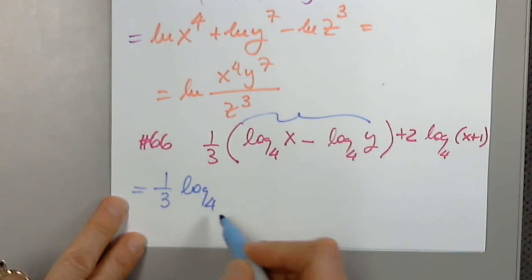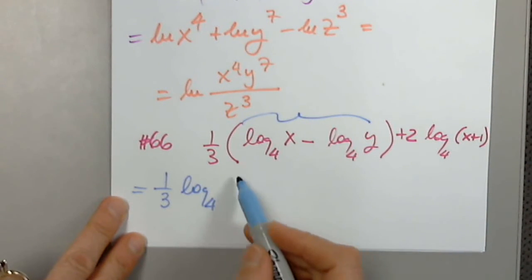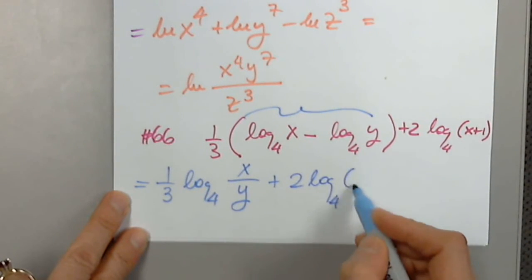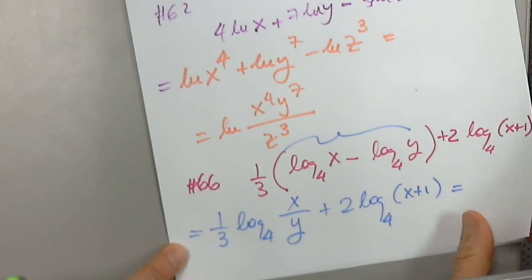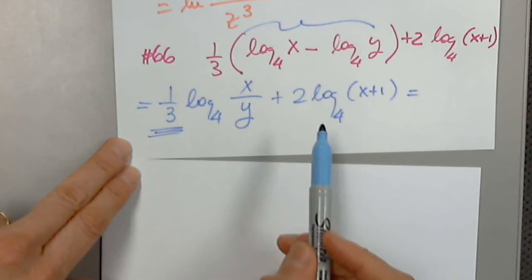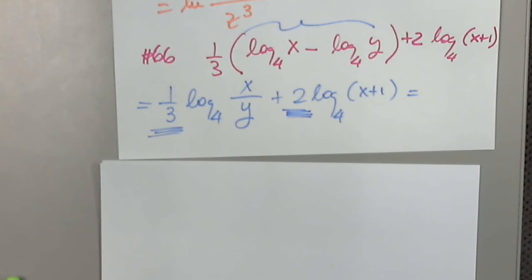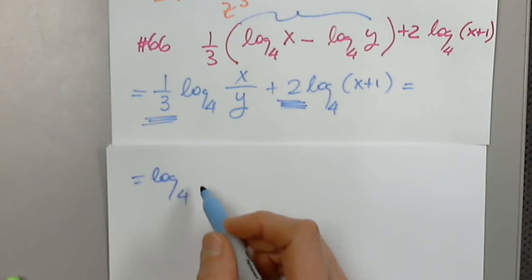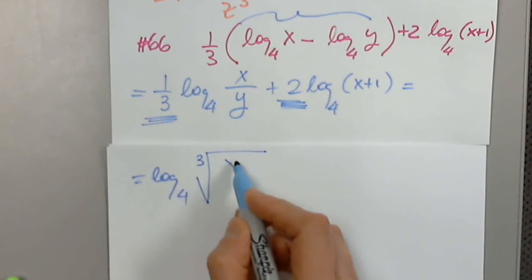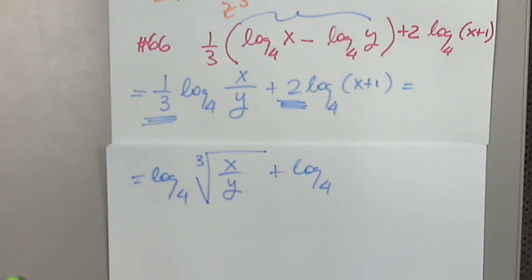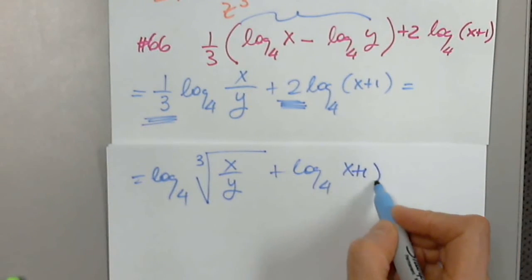Log base 4 of x over y. Very good. Plus 2 log base 4 of x plus 1. What will be my next step? So log base 4 of, raised, very good. So this is the cube root of x over y plus log base 4 of, very good.